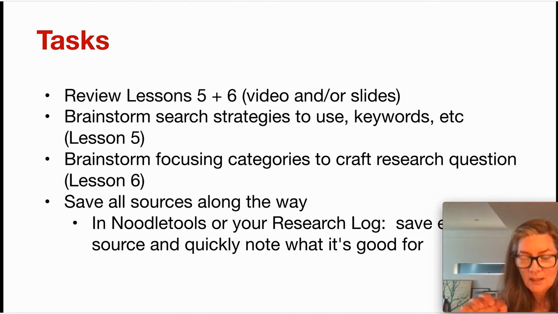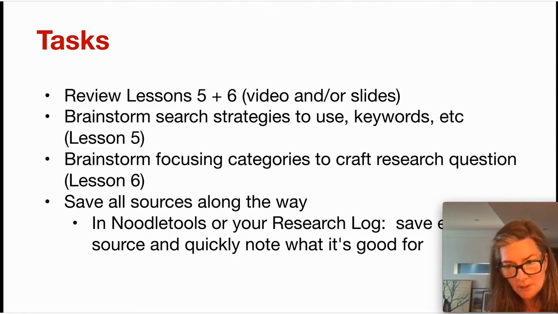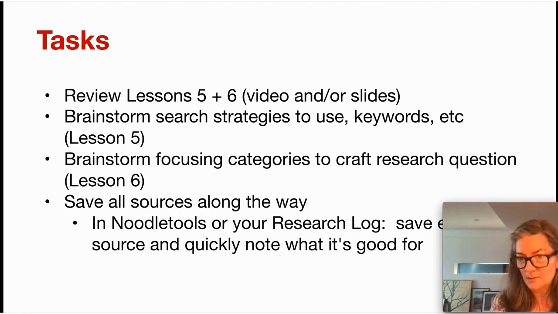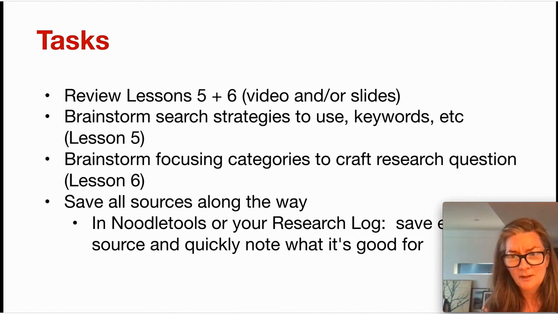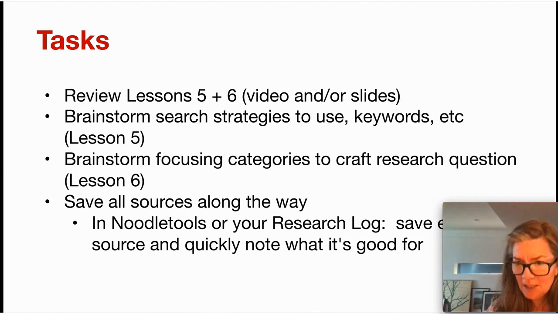Put the link and then a little something about what it is. It's for this category. It's for this idea. It's for this possibility. That is very important. Don't waste your own time by going so fast that you have to go back and remember everything and reopen all this stuff. Keep track, make notes to yourself all along the way.